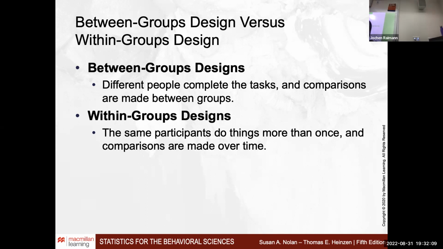There is a second form of design, which is a within group design. Within group designs are like correlational studies that you can do within a group. With regression, you can also do between groups design, but that's irrelevant for now. Within groups designs can be correlational studies, or crossover studies.